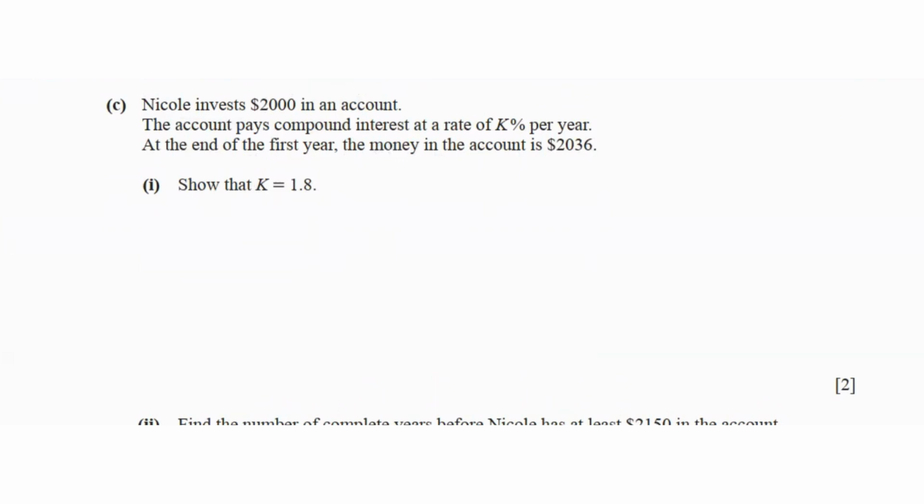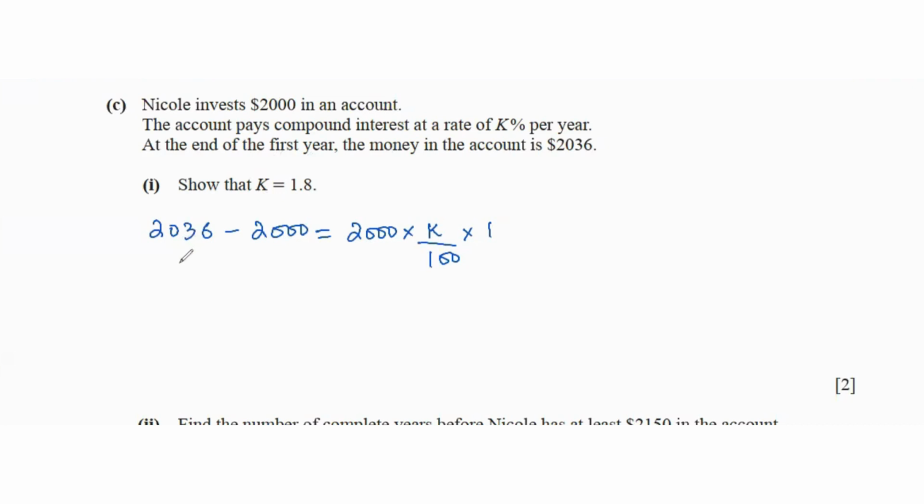So what we will do is 2,036, which is the amount after she's gotten the interest, minus the original amount, which is 2,000, equals 2,000 times K over 100 times 1, because it's just 1 year.